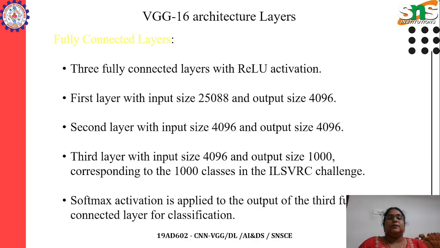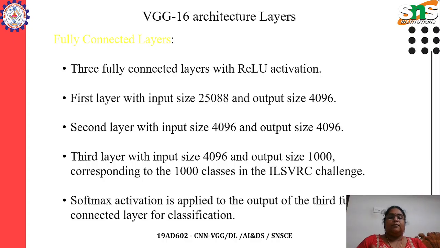So these are all the things. The VGG16 has fully connected layers, as I discussed, three fully connected layers with ReLU activation. The first layer has input size 25088 and output size 4096. The second layer has input size 4096 and output 4096. The output of the first layer is given as input to the second, and the output of the second is given as input to the third, because a neural network is a feed forward network, right?